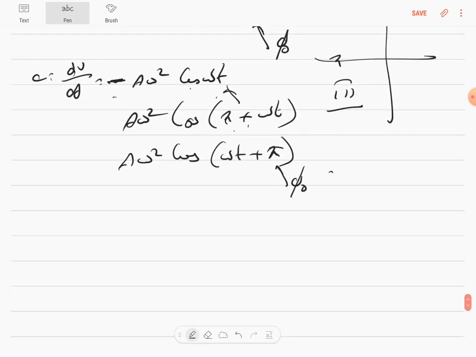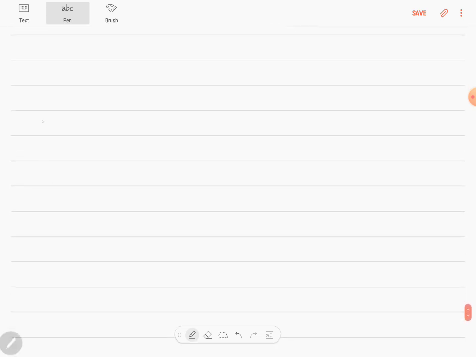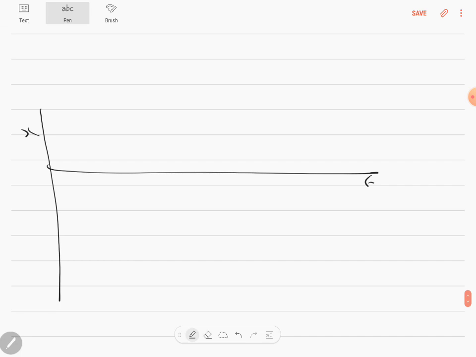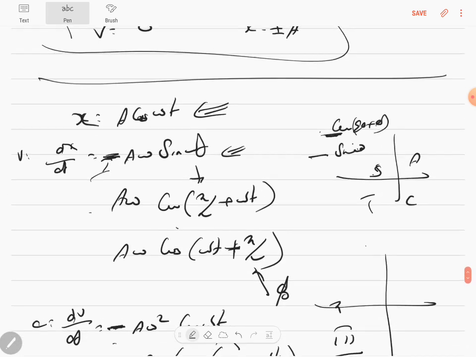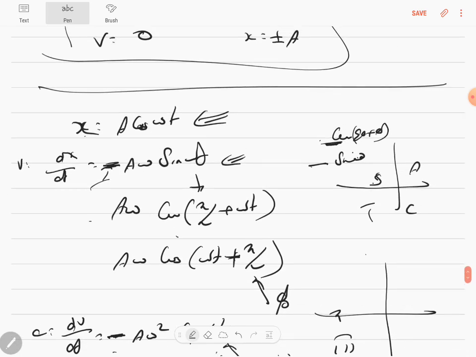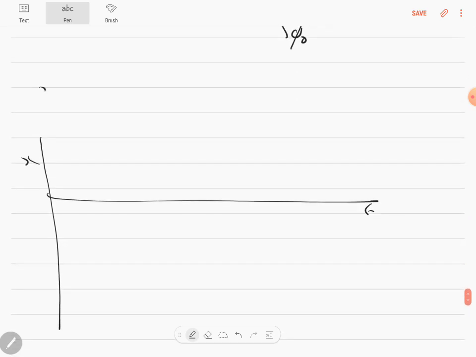So I'm going to draw a graph here, which is an x-t graph. You know that x is equal to a cos omega t. At time t equal to 0, x will be a only.